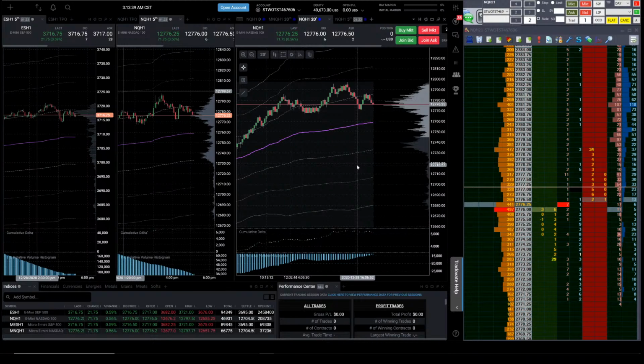Typically, it's quite early though, typically the London session will trade back to VWAP almost every time. The timing, of course, can be a killer.